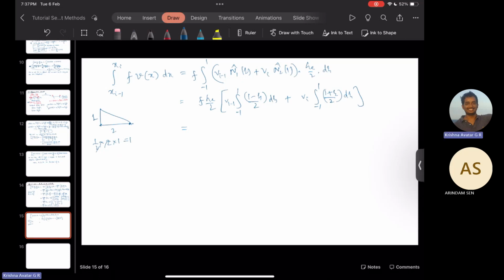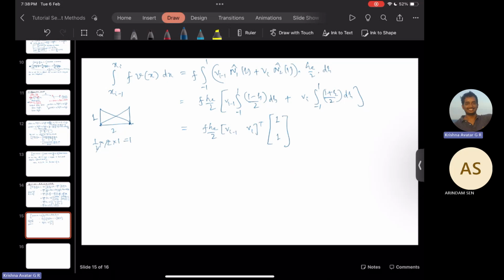So essentially we can write this in terms of a matrix vector product, or some vector product: f of h by 2, and we can have vi minus 1, vi transpose, and here we'll have 1 and 1. We can clearly verify that both these integrals will be the same, and this will be the other triangle, isn't it?